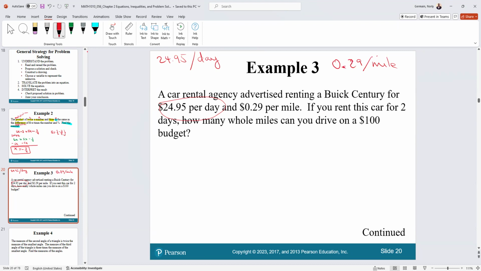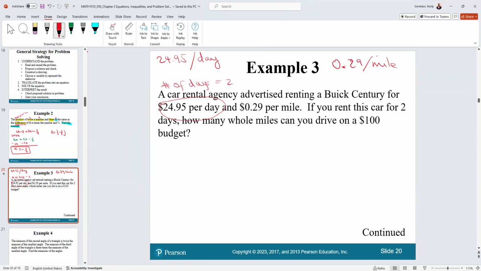Now let's see. We have these two pieces of information. I would say, if you rent this car for 2 days, number of days, 2. Now, suppose you don't drive at all. You don't put any miles on the vehicle. Taking the vehicle for 2 days, how much money are you going to pay?